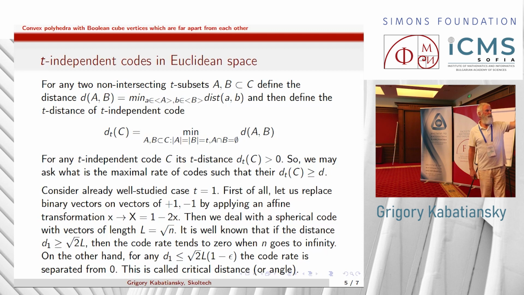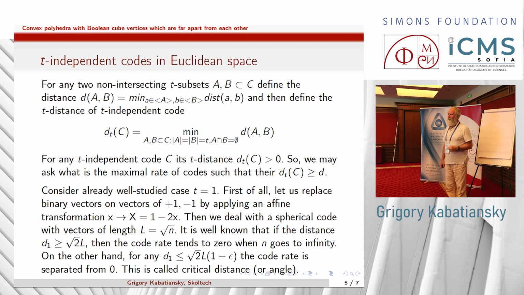The number of t subsets is finite. Therefore, take the minimum over all t subsets, and so every such t independent set has a nice property. They are not only disjoint convex hulls, but if you take a small epsilon around them, they still will be disjoint.